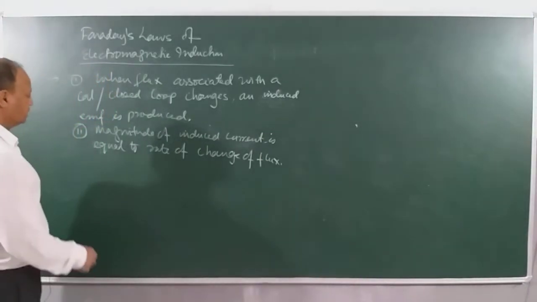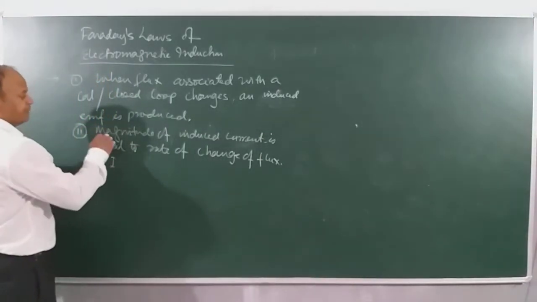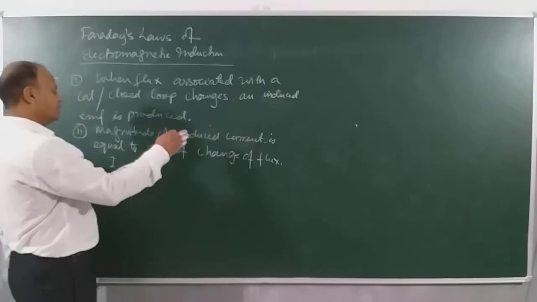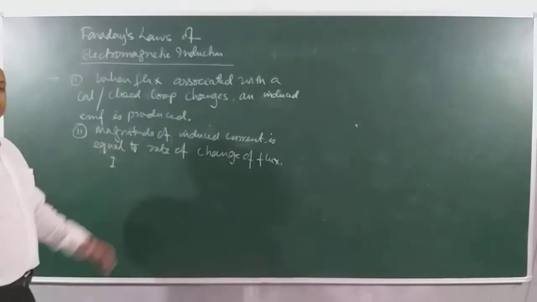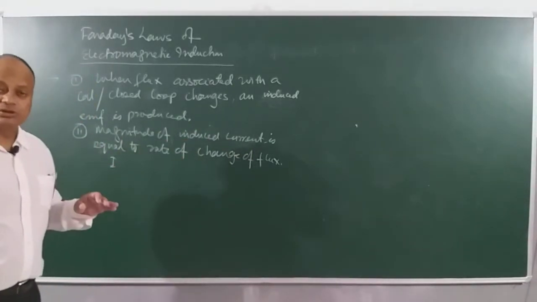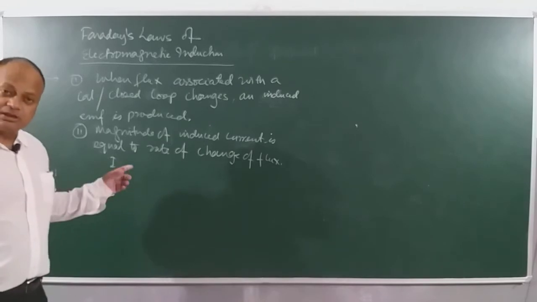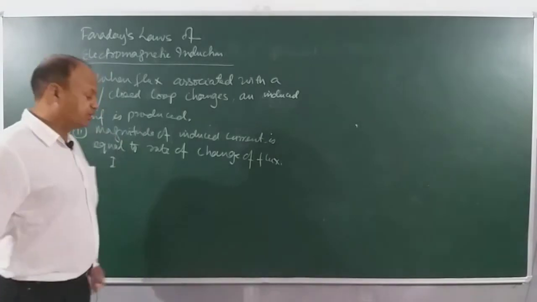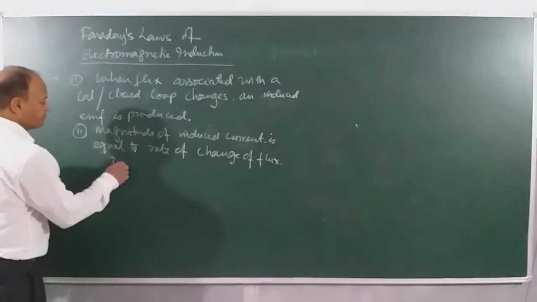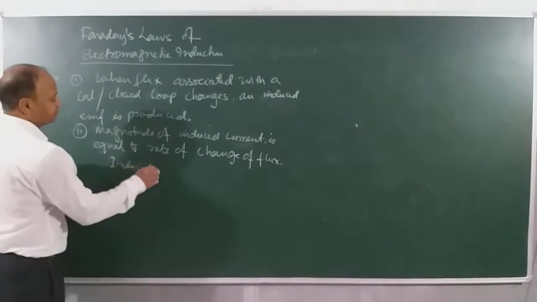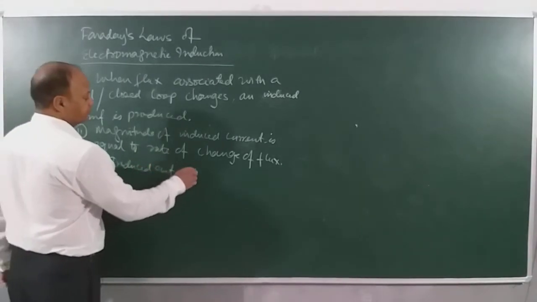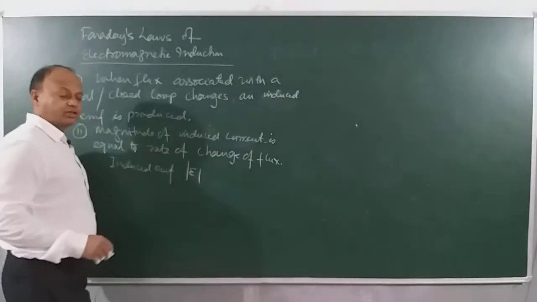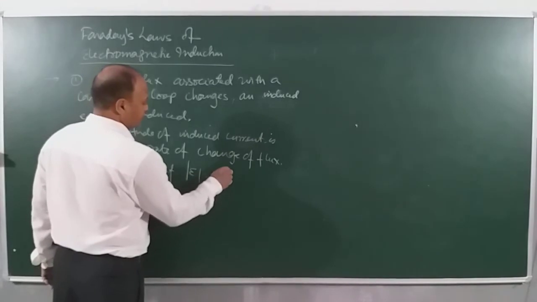Meaning he said that the magnitude of induced EMF is equal to the rate of change of flux. I am using this word magnitude. That means there has to be an issue with the direction of the induced current also, right? So, induced EMF, children, magnitude is equal to how much here? d phi dt.